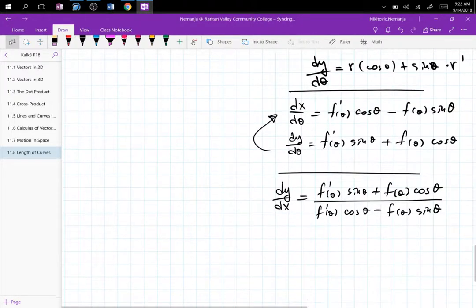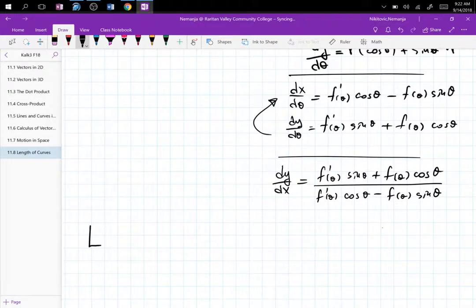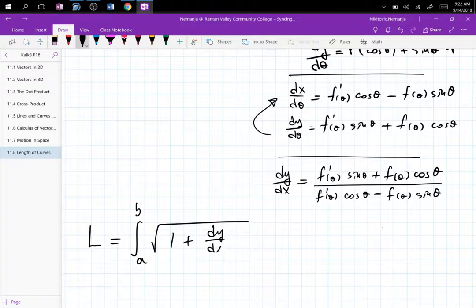So now, we have the good old Calculus 2 length of curve, integral of the square root of 1 plus (dy/dx) squared dx. Again, in red, we are multiplying by d theta over d theta.